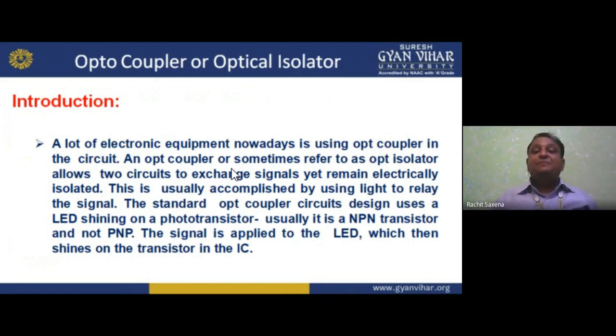Usually it is an NPN transistor, just like an NPN transistor, not PNP. The signal is applied to the LED, which then shines on the transistor in the IC, that is, the integrated circuit. So we use this many times, and nowadays it is used in electronic equipment.